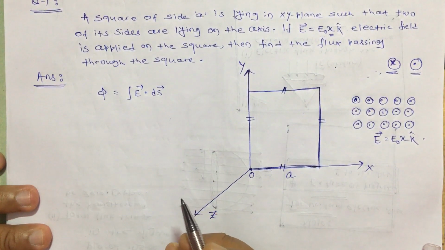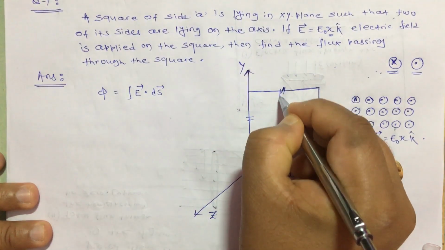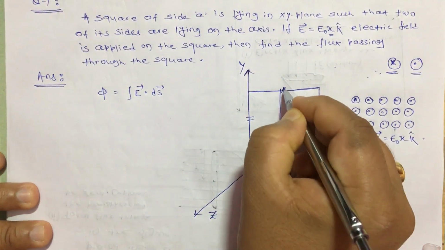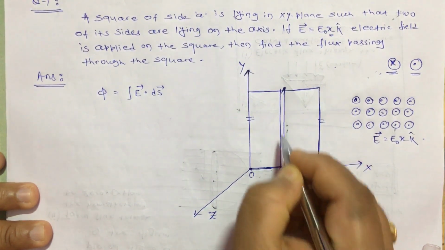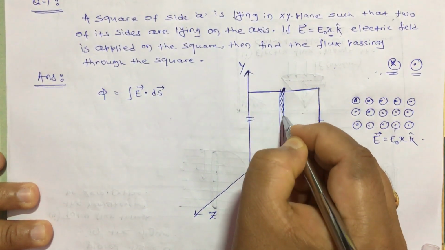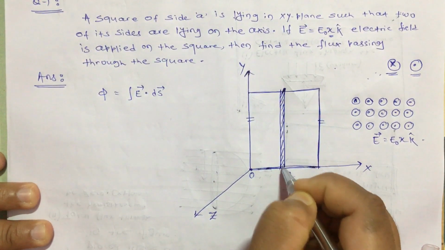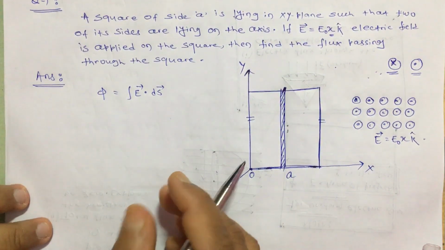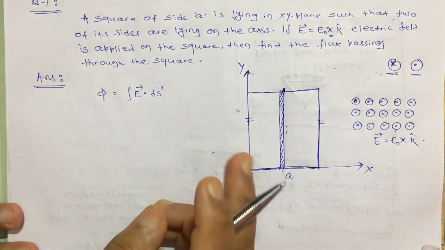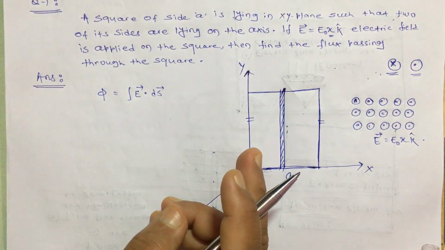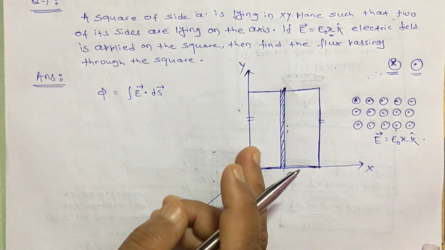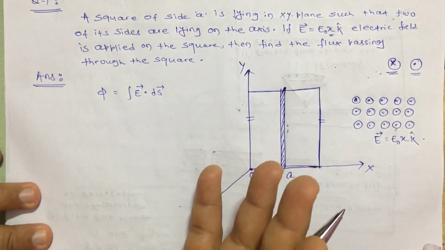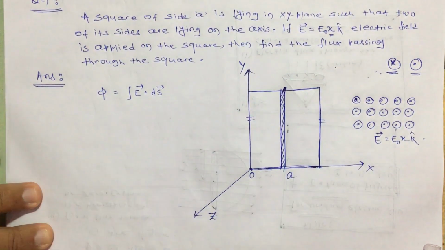Now what is dS vector? We have assumed a small element somewhere here, a small element on the plane. Remember, small element does not mean only a small area or something like that. The small element should be chosen in such a way that if you extend it, you should get the total structure that is given.